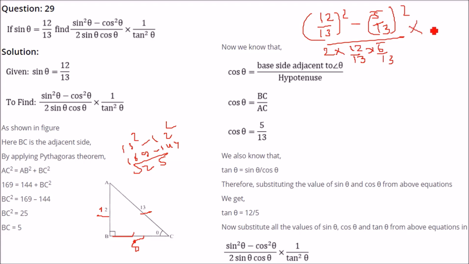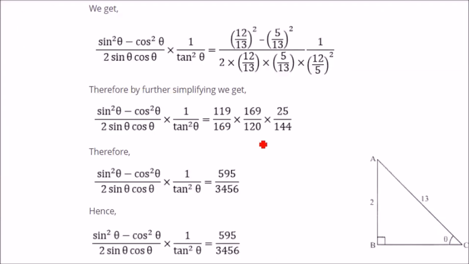Then 1 by tan square theta. Tan theta is perpendicular by base. Perpendicular is 12, base is 5. So just invert it and square because it is 1 by tan square theta. Rather than putting 12 by 5 whole square, just put 5 by 12 whole square. When you solve it, you will get this value.